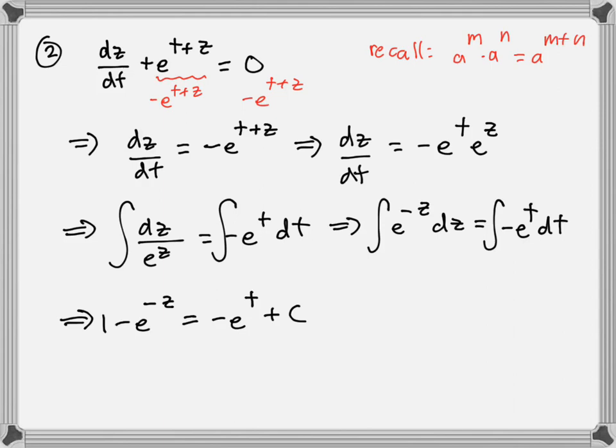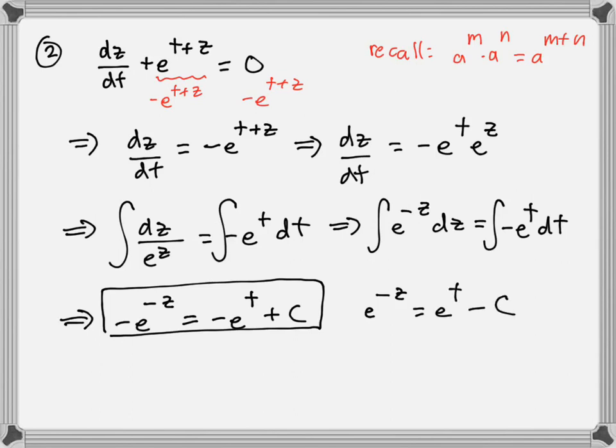So we can leave our answer this way, or we could try to isolate z. Z is the dependent variable here. So how would we isolate z? Well, if I multiply both sides by -1, I get e to the negative z is equal to e to the t minus c.